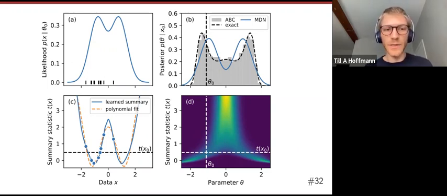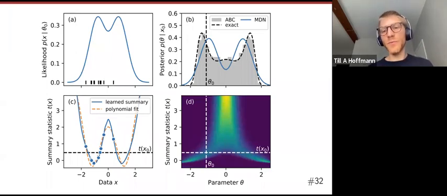And that's exactly what the summary statistic function does. If the samples are very tightly concentrated around ±1, we'll get a small summary statistic value. If they're scattered all over the place, we'll get a large summary statistic value.